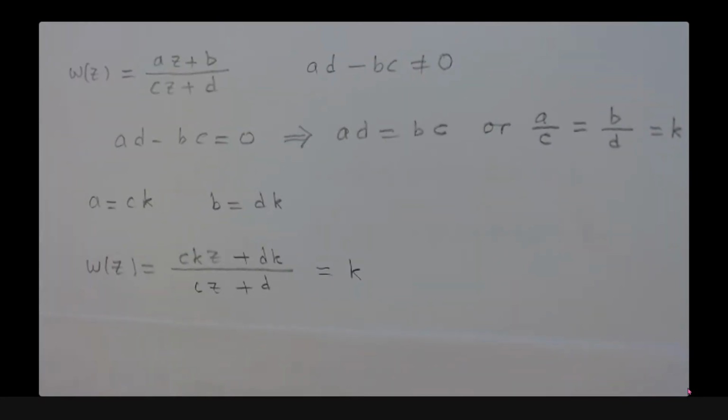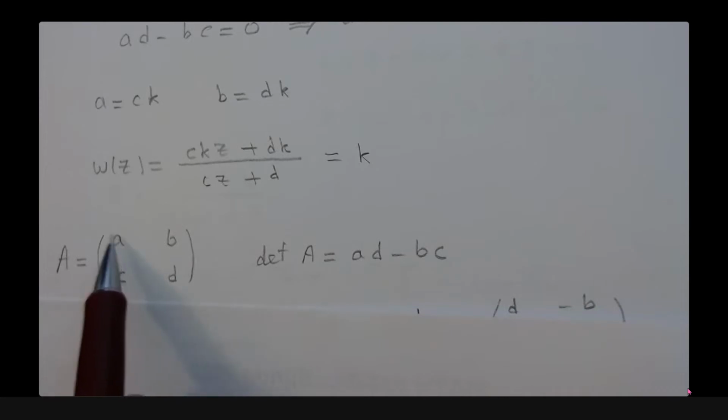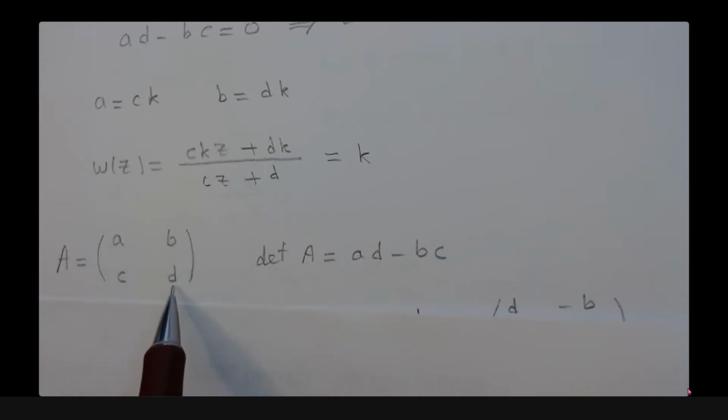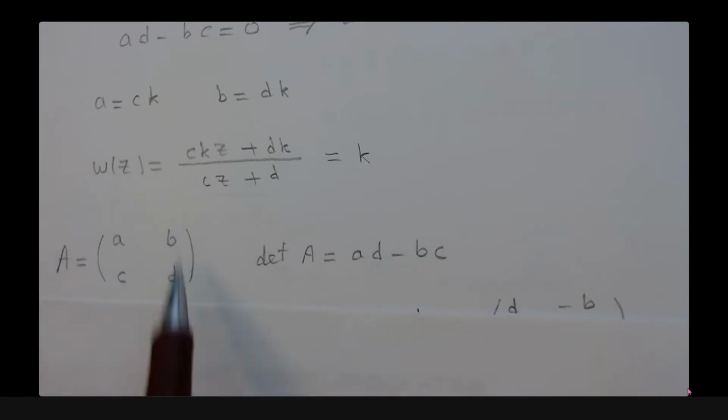Now, I'd like to have some observation about this function. Of course, if I put the coefficients in a matrix, then A times D minus B times C is determinant of this matrix.